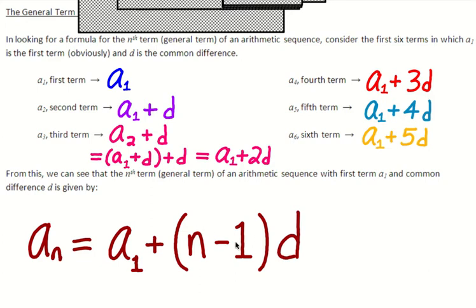I would only want to add 99 common differences, 99 d values. So that's why this n minus 1 is here.